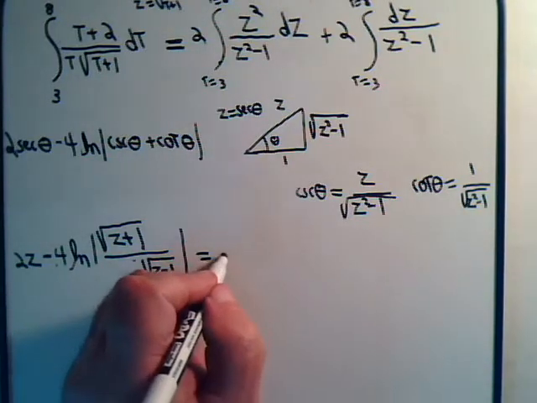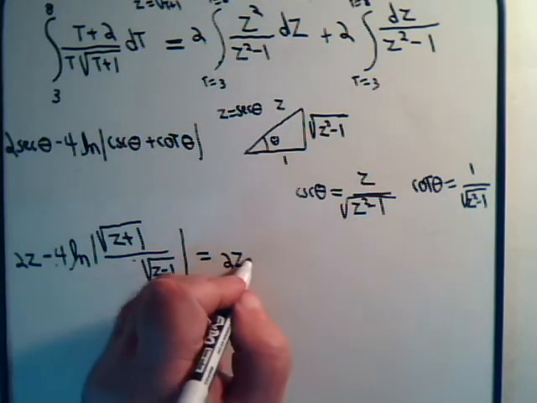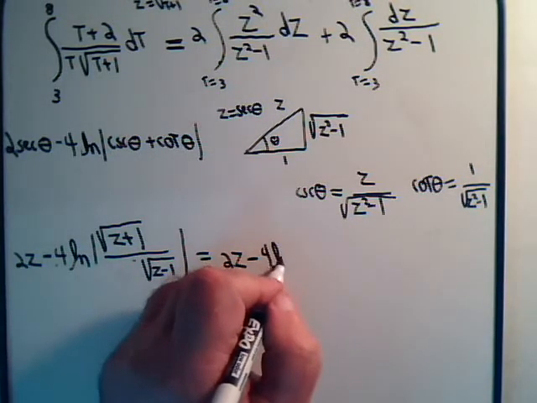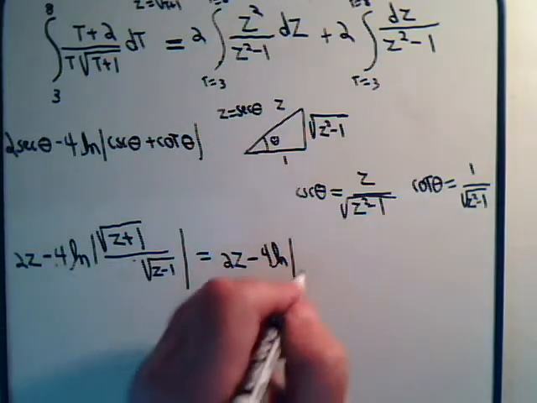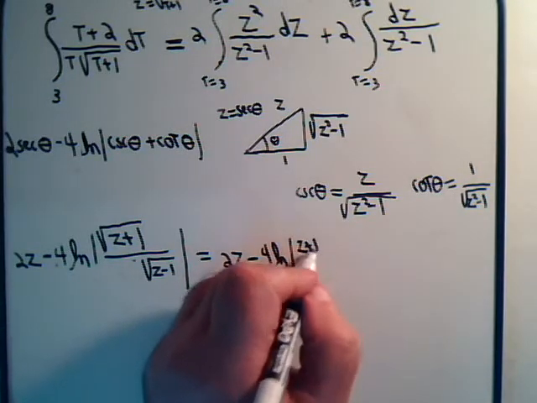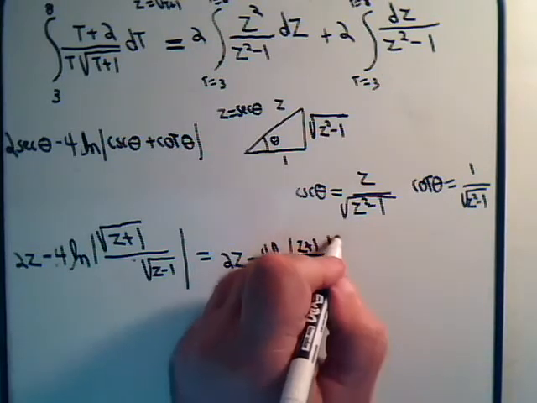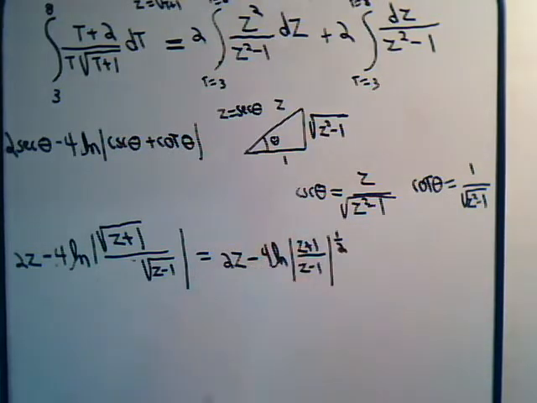That will be 2z minus 4 times the natural log of z plus 1 divided by z minus 1 to the 1/2 power.